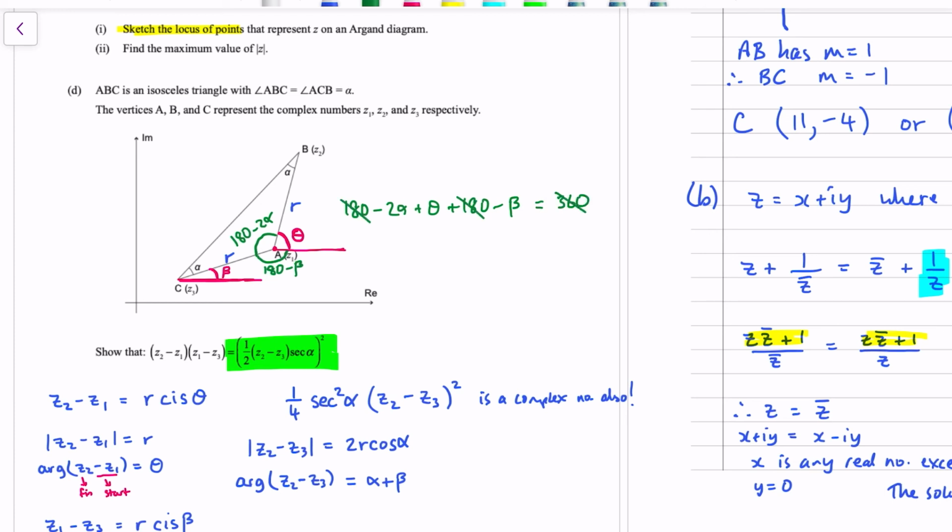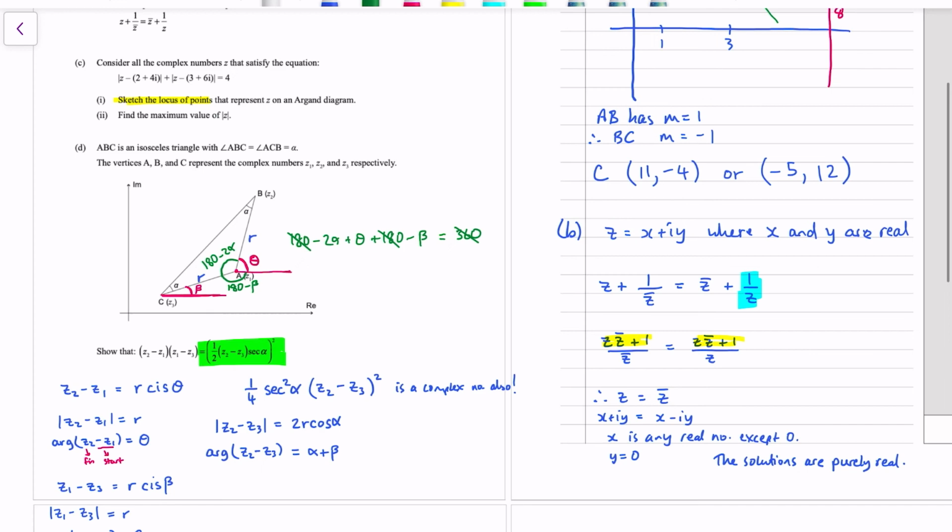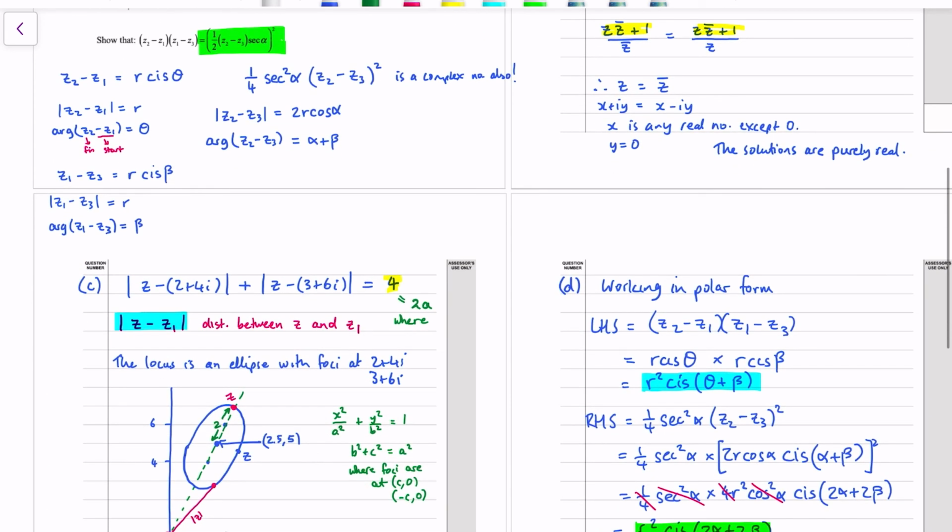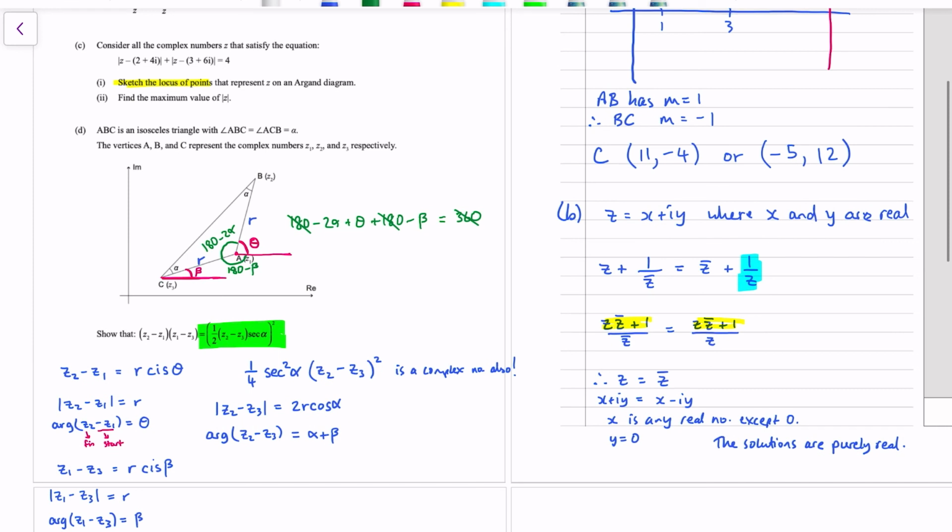360 cancels from both sides, and I've got, where am I trying to prove? 2 alpha plus 2 beta is theta plus beta. Okay, so if I move the minus 2 alpha and the minus beta to the other side, I've got theta equals 2 alpha plus beta. I need an extra beta in there, so theta plus beta is 2 alpha plus 2 beta, and there it is.